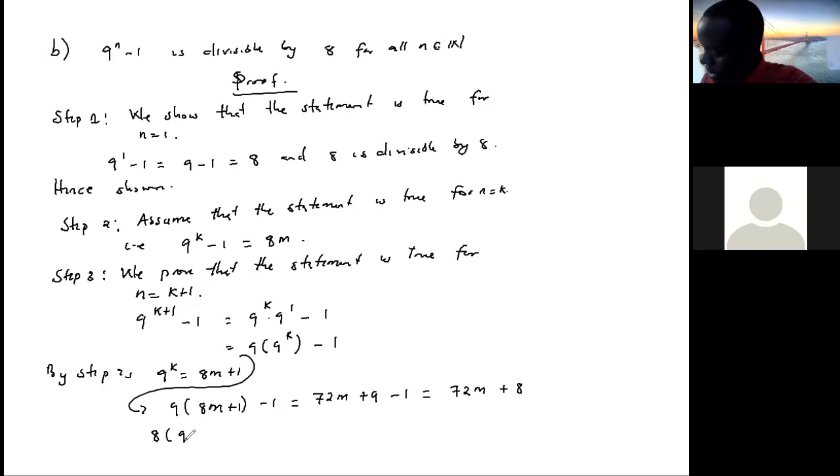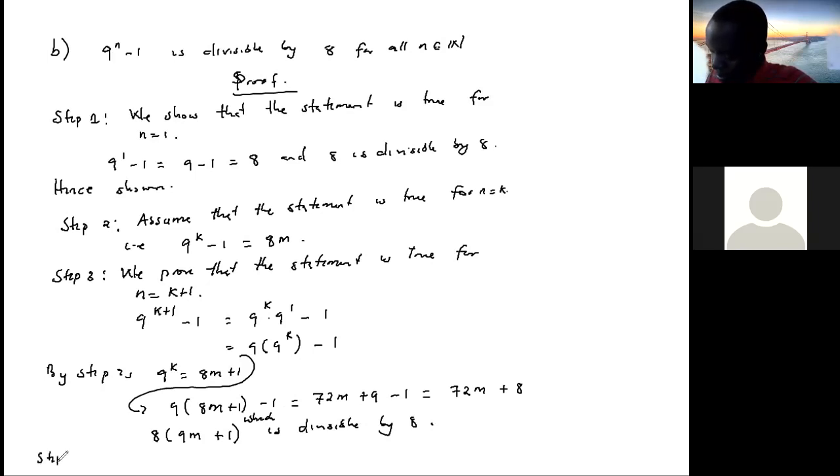So we're going to have 8 times 9m plus 1. And this is divisible by 8. Okay, it's obvious. When you divide by 8, you're going to get 9m plus 1. And m is an integer. So you have an integer there.